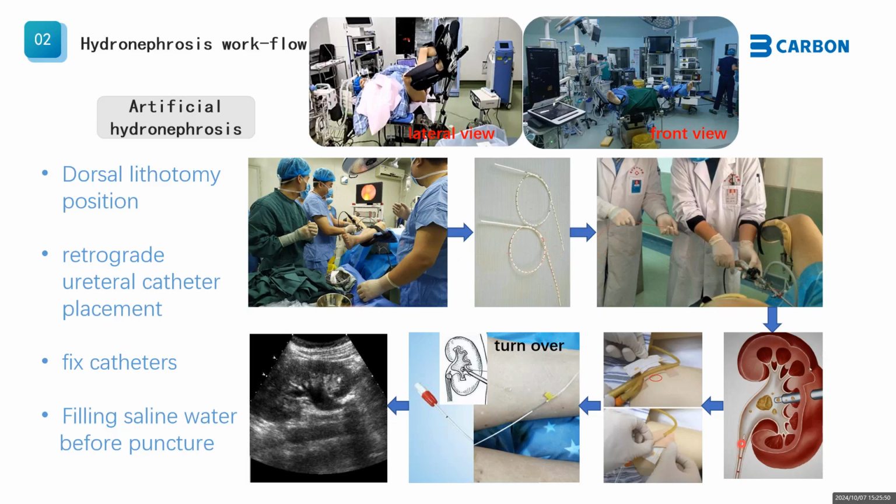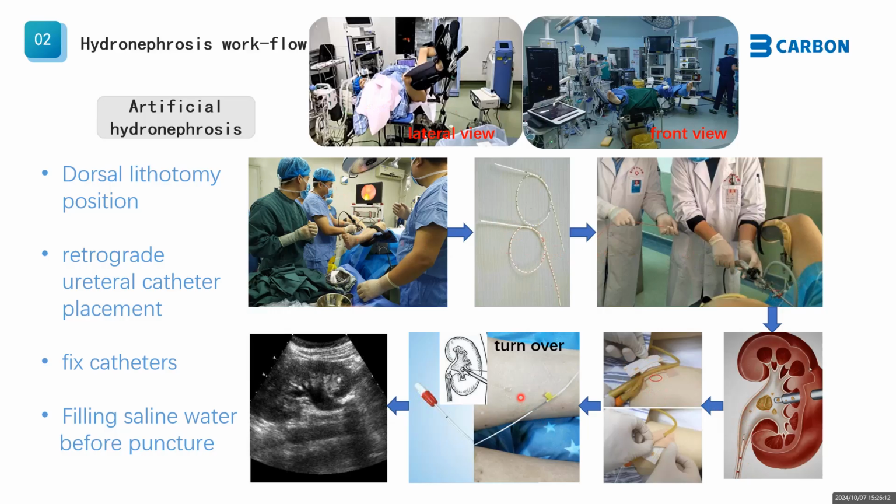The tip of the catheter must reach the pelvis of the kidney, and then they fix the catheter, and then turn over the patient to the prone position.